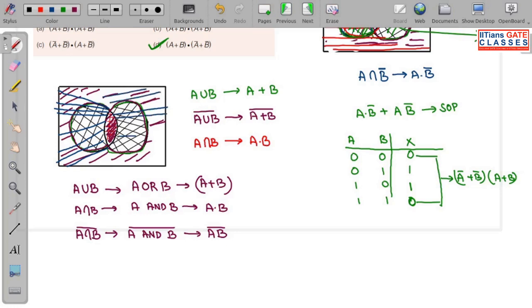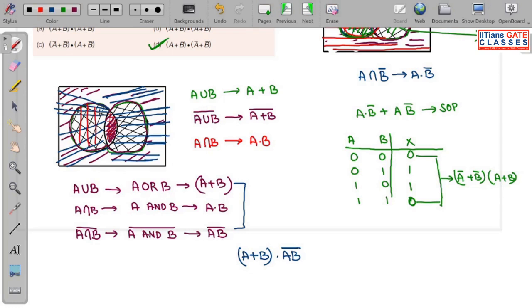Now simply what I can do is multiply these two terms, (A plus B) into (A B) whole complement, by taking the common area. So what is the common area? This blue line indicates (A B) whole complement, and the red one defines this one.